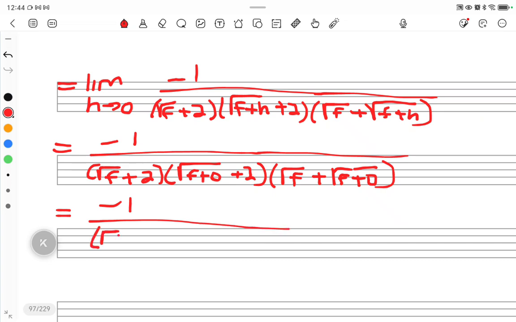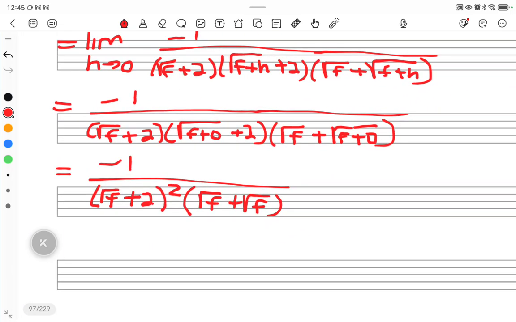And this would be minus 1 over root of f plus 2 squared times root of f plus root of f, and this would be minus 1 over 2 root of f times root of f plus 2 all squared.